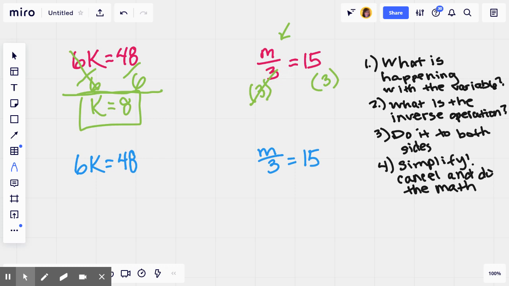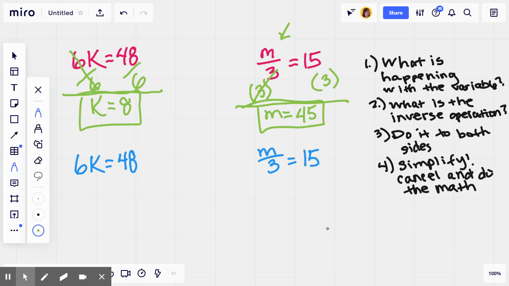Okay, there we go. We did it to both sides, and then it says simplify, cancel, and do the math. I've already canceled. There's my variable. Do the math. 15 times 3 is 45, and I'm done again. Okay, so hopefully we've got that down.